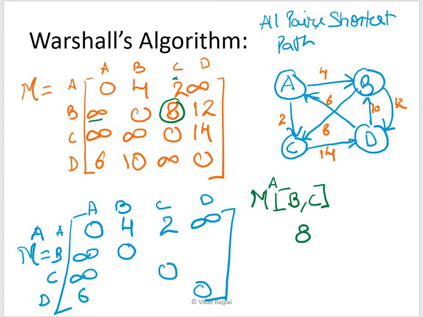Is there any other way where I can find M of A, B comma A plus M of A, A comma C, which is infinity plus 2.